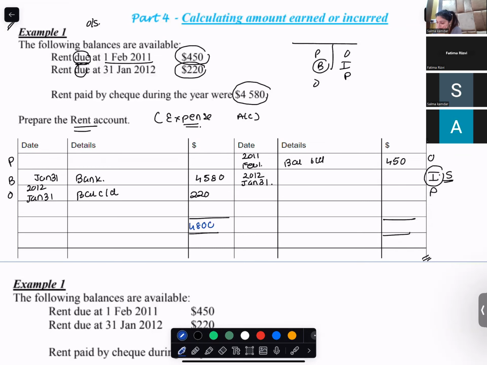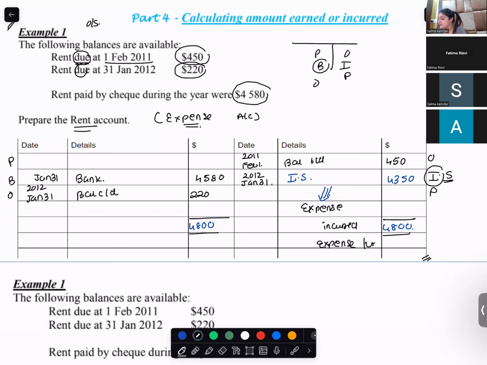Then the income statement on the credit side as 4,350, which is the difference between the debit side and the credit side. Now, is this income earned or expense incurred? This is expense incurred, the expense for the year.